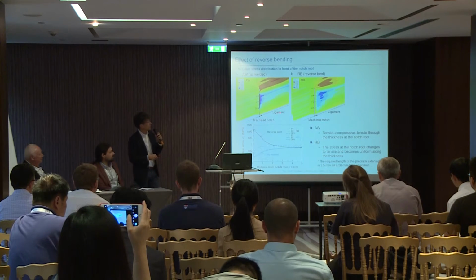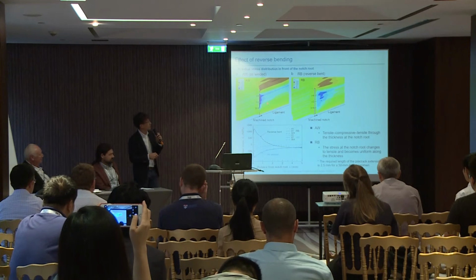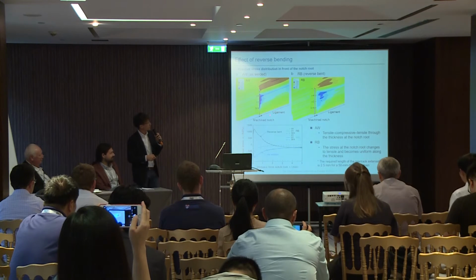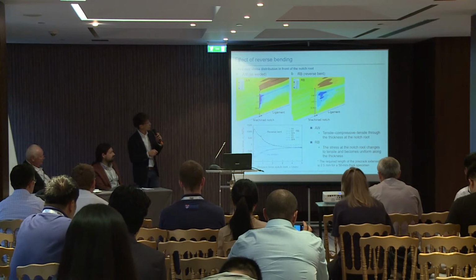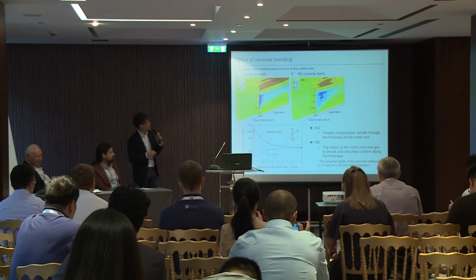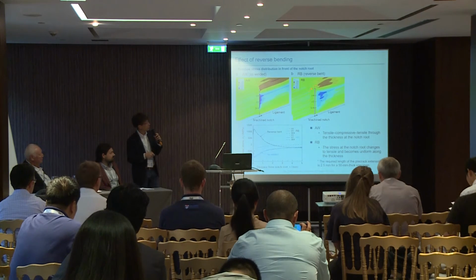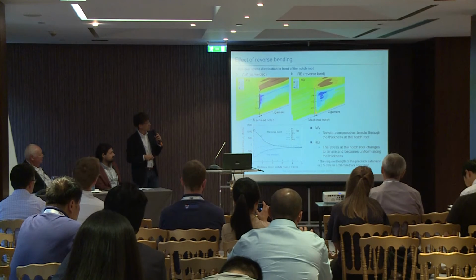And this is the distribution in the center cross-section of the specimen. Initially, in the as-welded condition, the residual stress is tension, compression, and tension. However, after the reverse bending, the notch root becomes all tension.